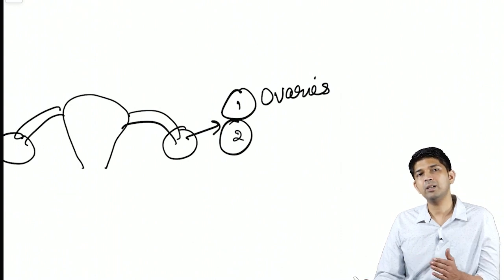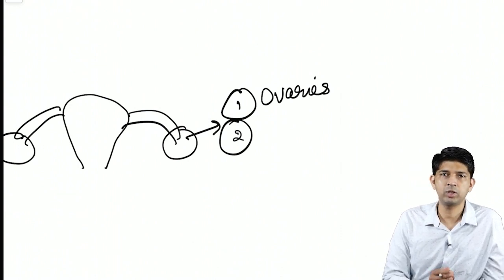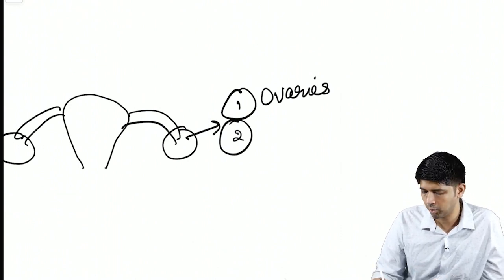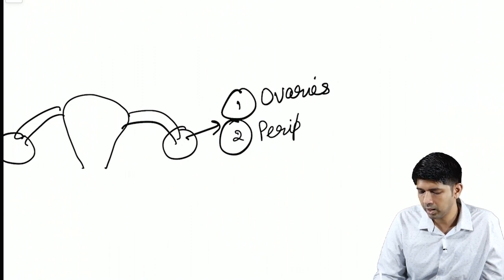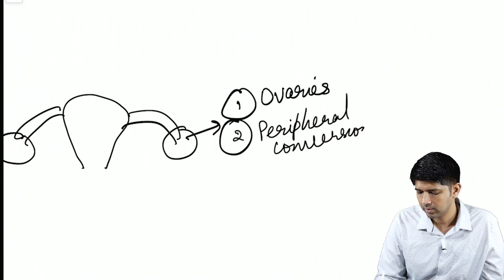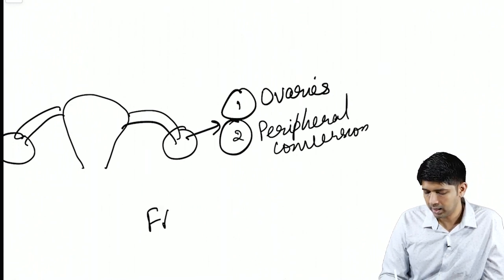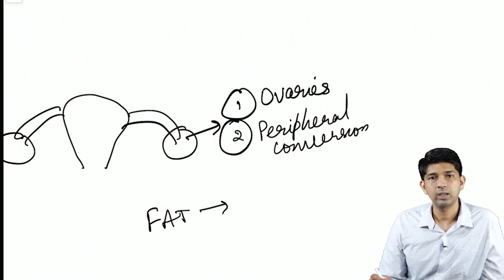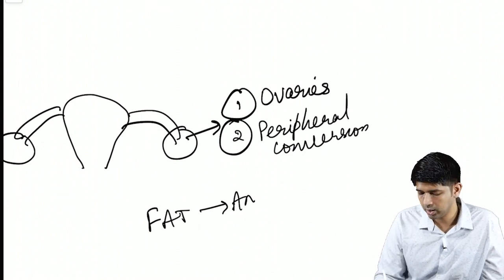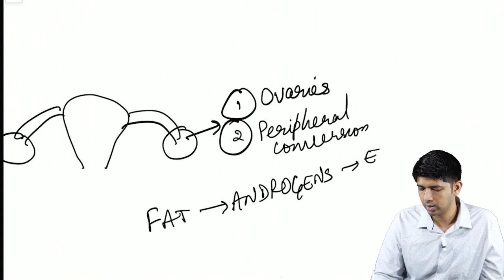The second most common origin of estrogen production is what we call peripheral conversion of fat. Okay, a lot of fat is converted to androgens and eventually estrogen.